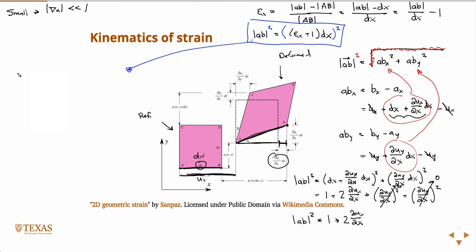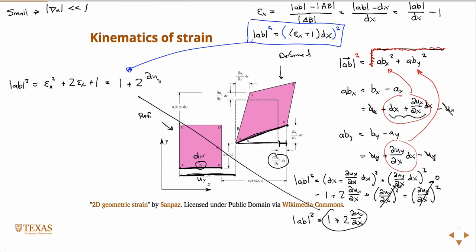So then I have AB squared is equal to epsilon squared plus 2 epsilon x plus 1. And that, according to this, is equal to 1 plus 2 partial ux partial x.